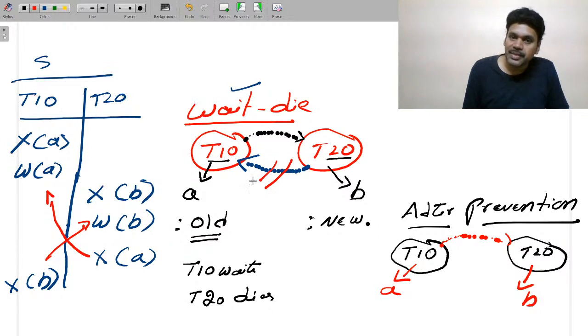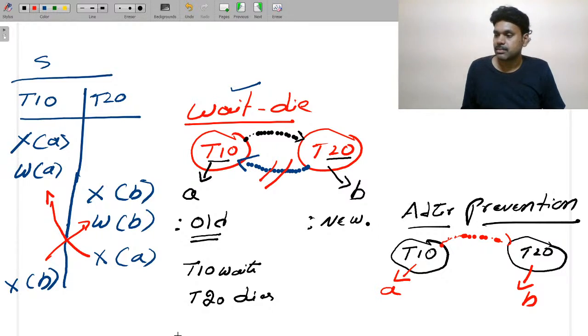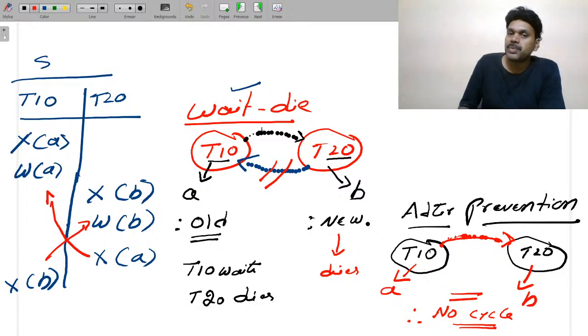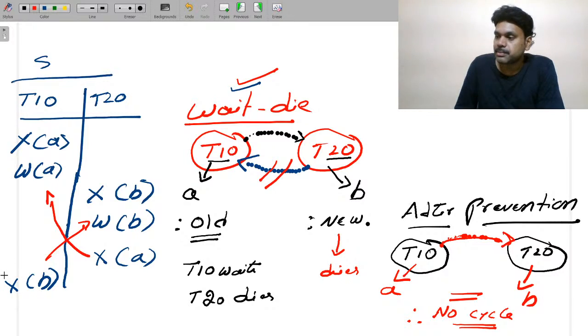This edge we will cancel. Please observe. This edge we will follow and this edge we have removed, as the new one dies here. So finally, what do we understand? There is no cycle. Therefore, this is how you can prevent the deadlock using the wait-die scheme.